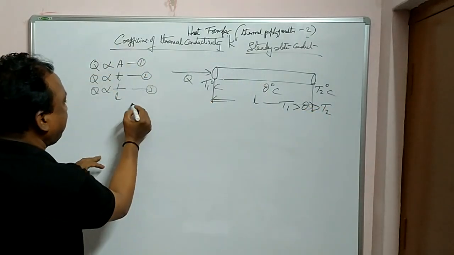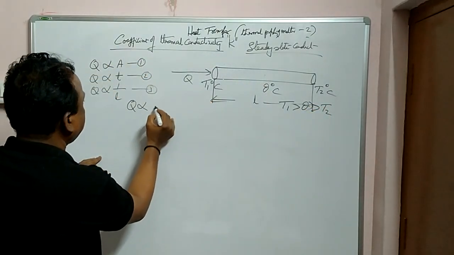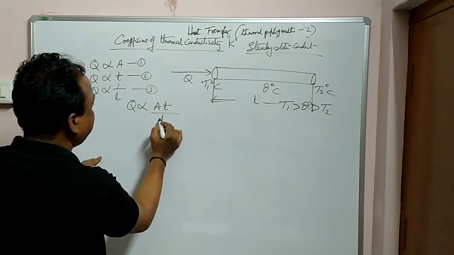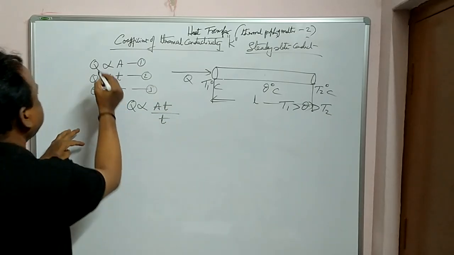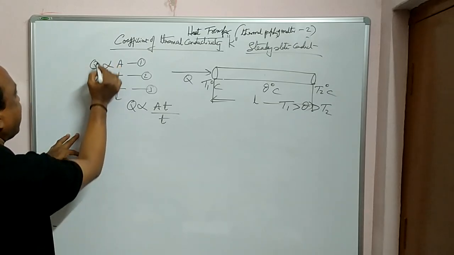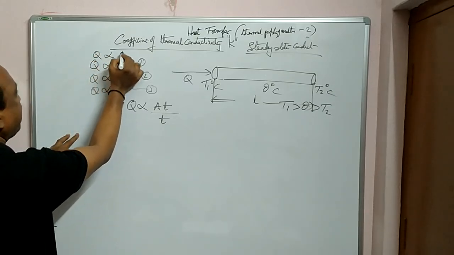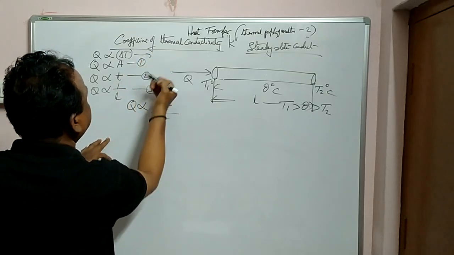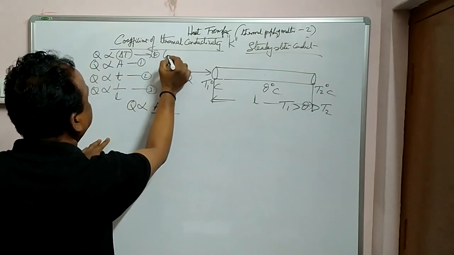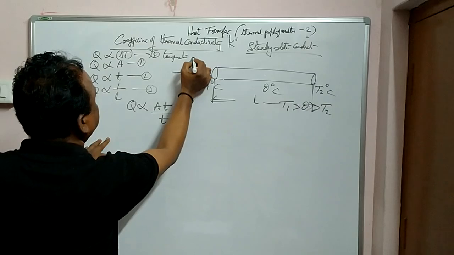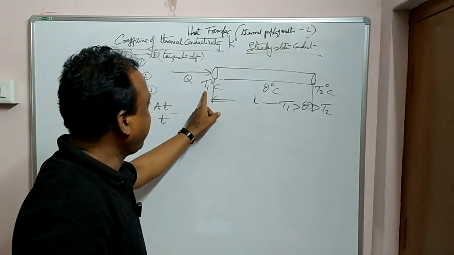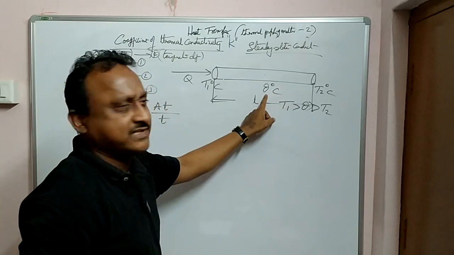Now combining all, you have Q proportional to A t by L. And of course, one more you have forgotten, it is directly proportional to the temperature difference, delta T. Because already you know it is a steady state, it is maintaining T1, T2, and the junction at theta.